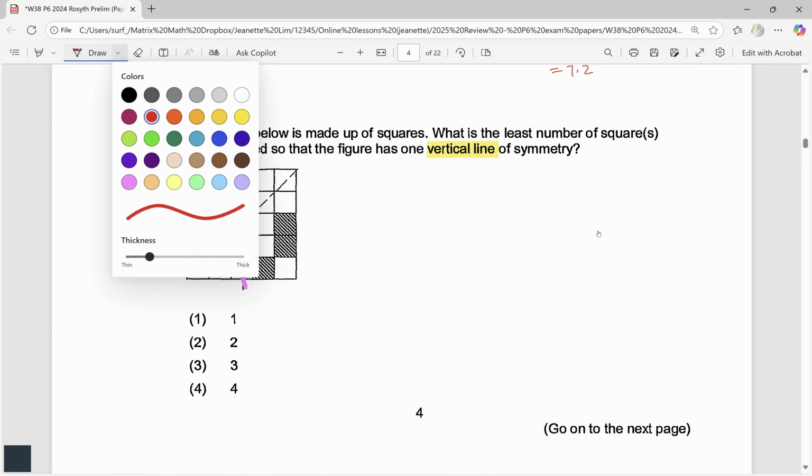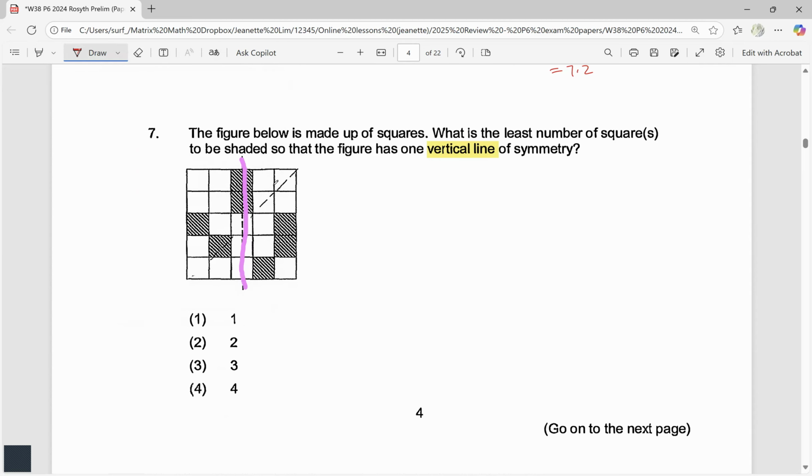Not the diagonal one. So ignore the diagonal line. Okay, so a vertical line of symmetry is here. We want the least number of squares to be shaded. So let's try to match this one with this one. Okay, then this one matched with this.